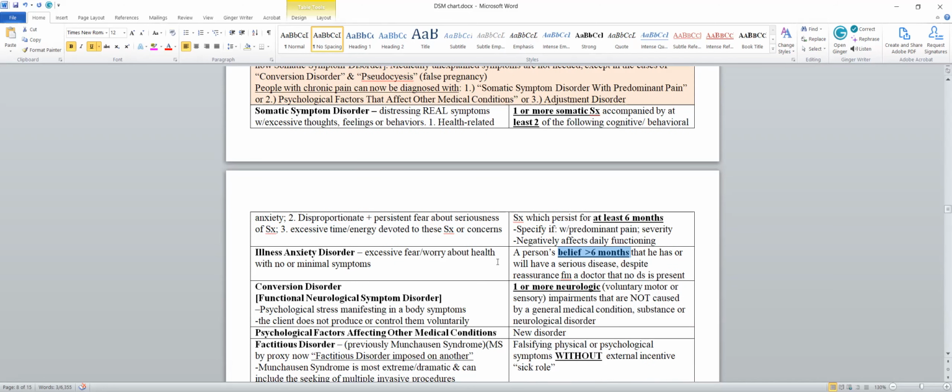Conversion disorder, and in parentheses, functional neurological symptom disorder, psychological stress manifesting in body symptoms. The client does not produce or control them voluntarily. Diagnostic criteria: 1 or more neurologic, voluntary motor or sensory impairments that are not caused by a general medical condition, substance, or neurological disorder.